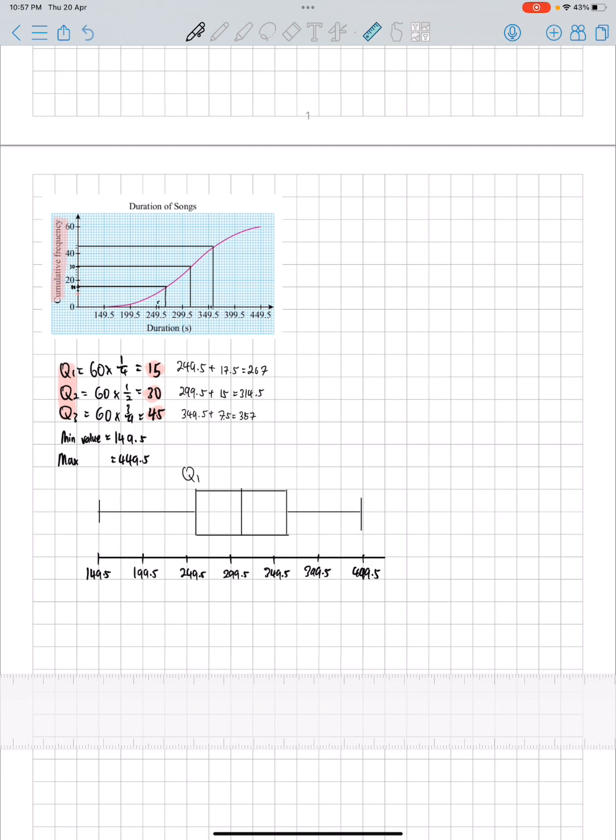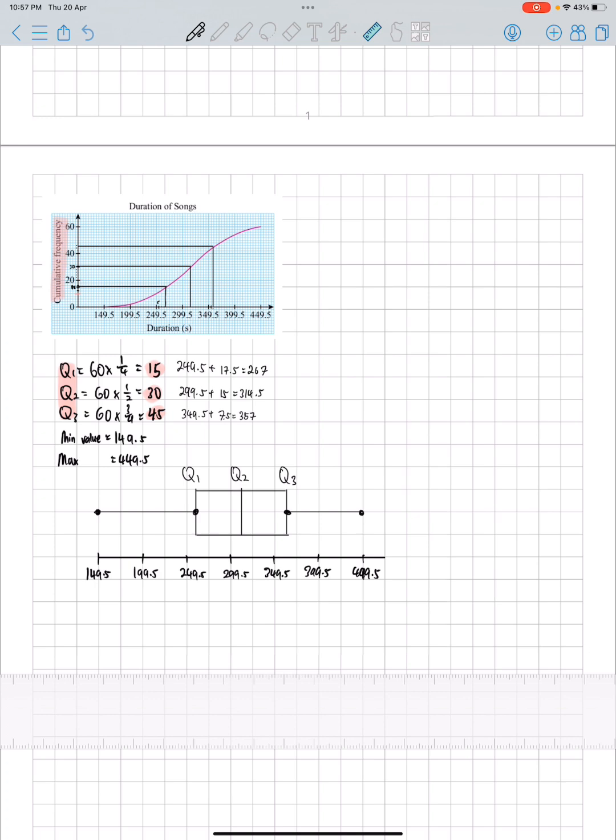So this is how you draw a box plot. And this one is Q2 and Q3. So there you have it, a box plot.